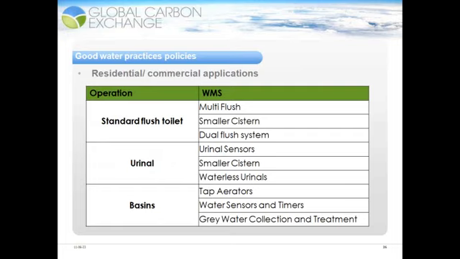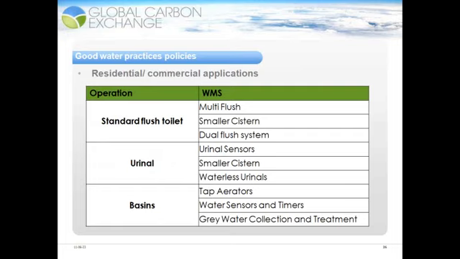Then looking at the urinal side, you could look at possibly installing urinal sensors, which only flush when someone has actually used it. Often we've come across cities where the urinal is based on a timer, where every half an hour or hour the urinals will automatically flush, regardless of whether anyone has actually used the urinal. So it will be quite a valuable initiative to install urinal sensors.